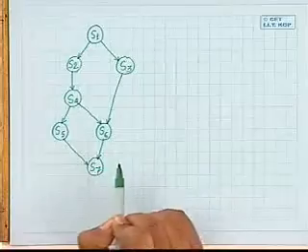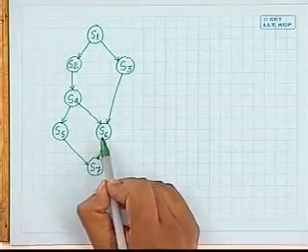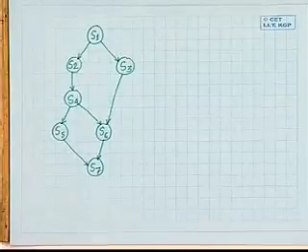So this can be easily converted into a fork join structure, but it cannot be converted into a co-begin co-end structure. That is why we can say that the fork join structure is more powerful than the co-begin co-end structure. Any type of precedence graph can be converted into a fork join program, but it may not be possible to convert it into a co-begin co-end program. Okay. So this you take as an exercise.